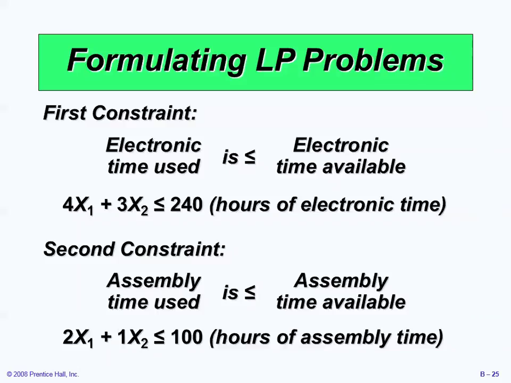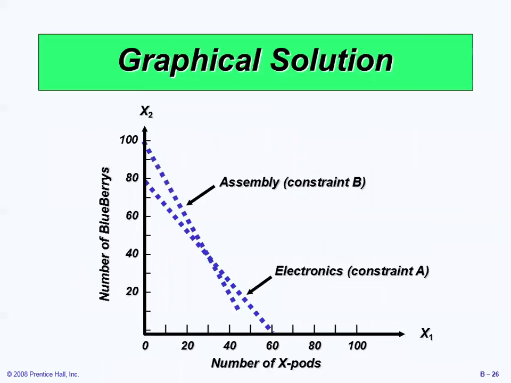Now, when we want to see where it hits the two axes, we put one variable equal to 0 each time. So when we put x2 equals 0, we get 4x1 equals 240, so x1 equals 60. And when we put x1 equals 0, we get x2 equals 80. These two will plot on the axis.